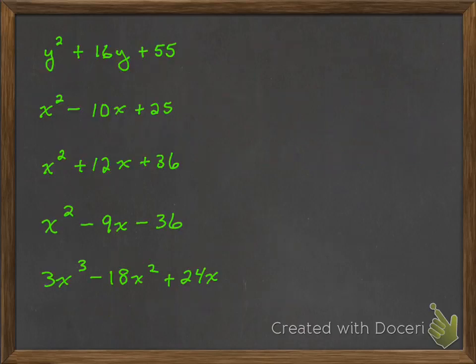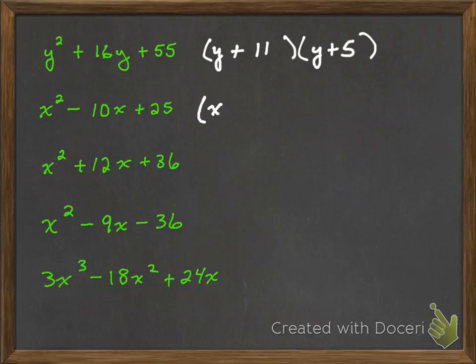I'm just going to run through these real quick. You may want to pause the video at this point and write them down, and then work them out and see if you get the answers that come up to here in a minute. Alright, so the first one's going to be y plus 11 times y plus 5.